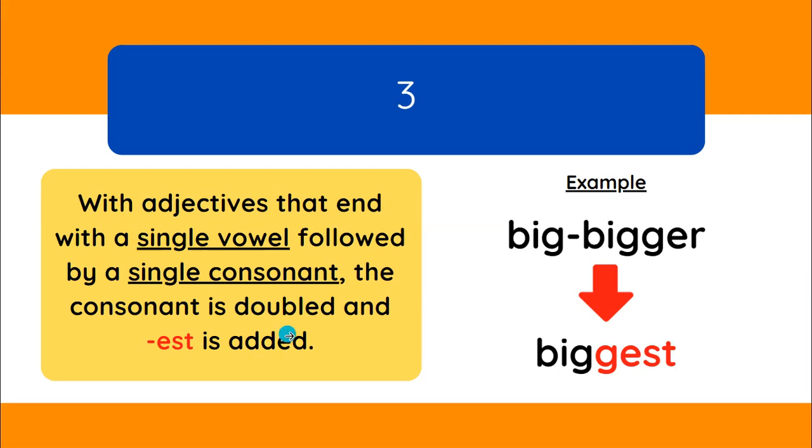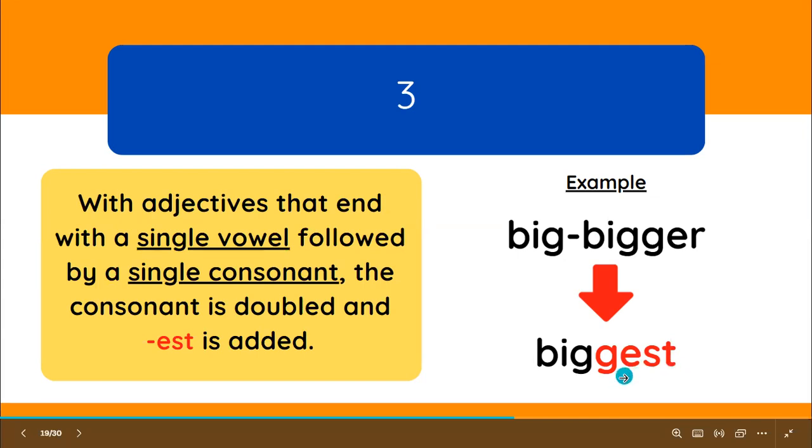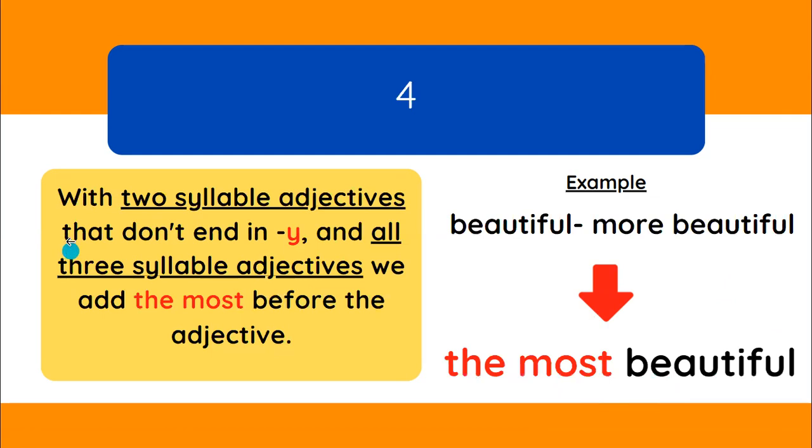Again, we have the base here, and we need to double the G because that's the last consonant. We have to add ER in comparative. But in superlative, we double the last consonant, EST. And we have the biggest.